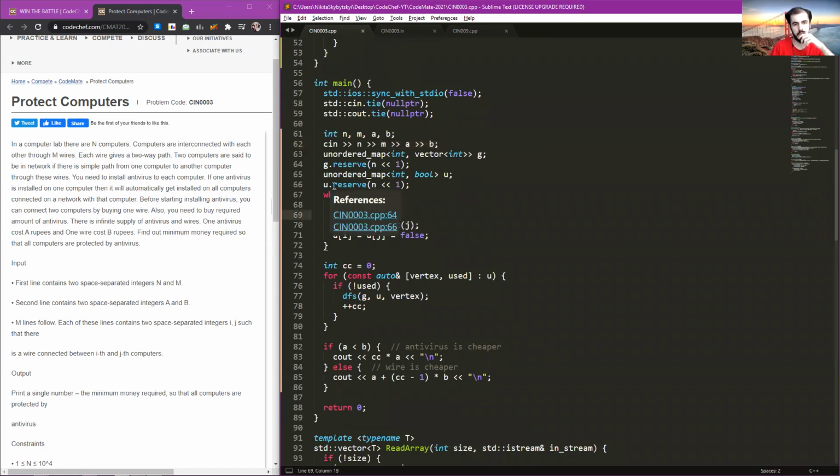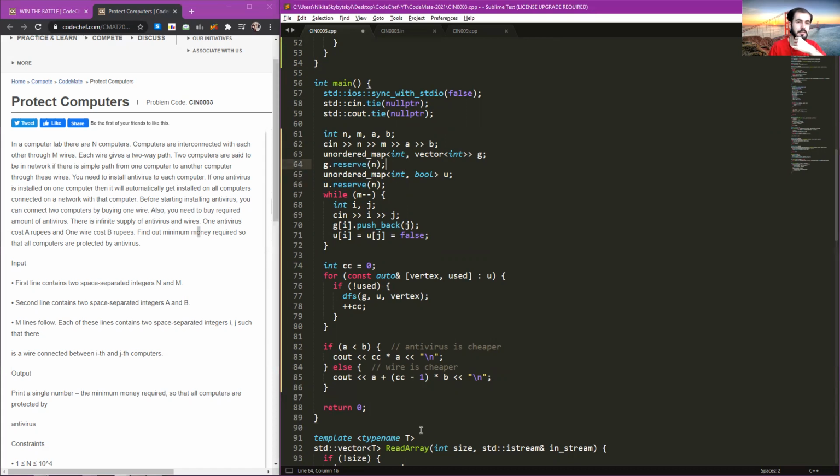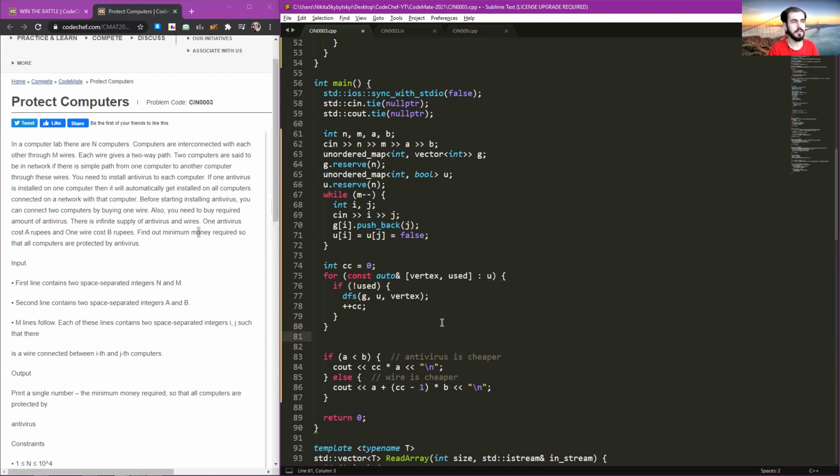Wait, actually, this is really stupid because there may be computers that are not connected to us. So the real component count is different.